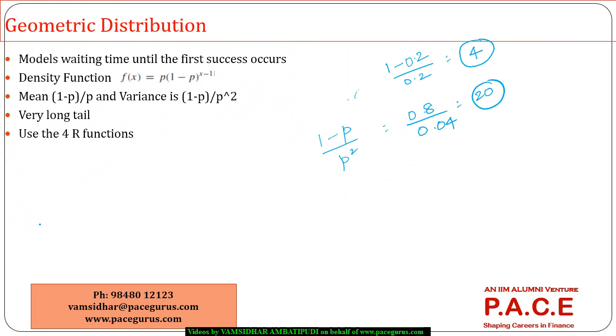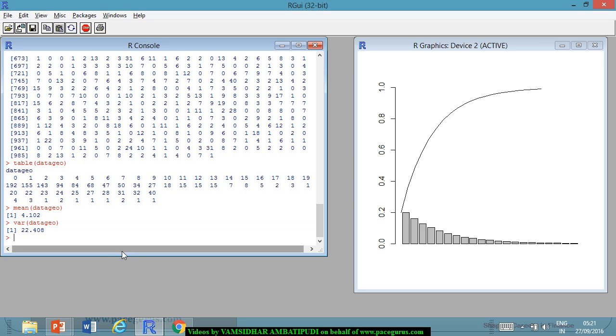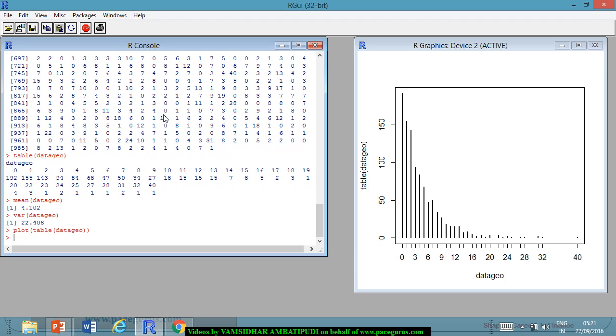So you'll find the tail is very long, right? If you try to do the plot of this table, you'll find that initially the frequencies are much higher, but there are some outliers, some extreme values lying out there.